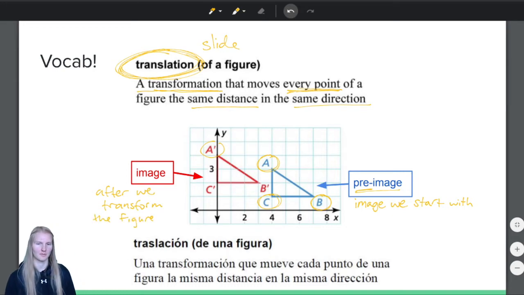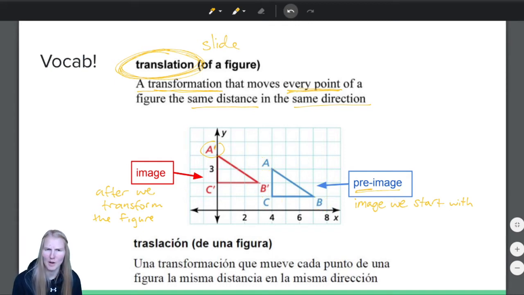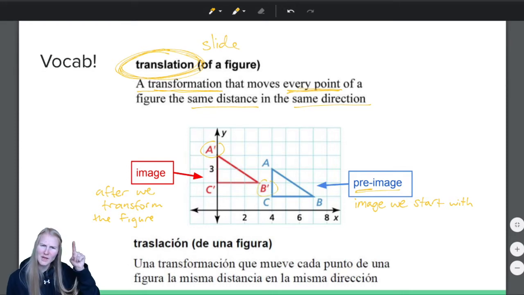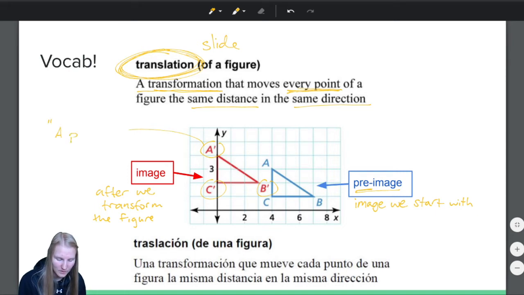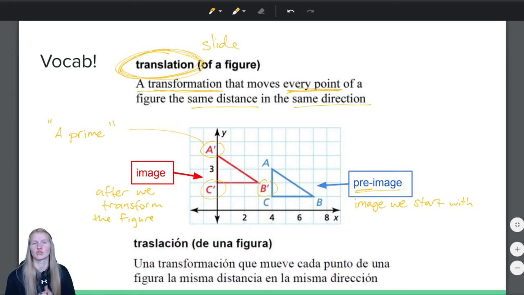Now the image has points A with a little apostrophe, B with an apostrophe, and C with an apostrophe. What are these apostrophes here for? Well, the way that we read this is A prime. We don't say A apostrophe, we say A prime. And what the prime tells us is that that point belongs to the image. The pre-image has normal points and the image has A prime.